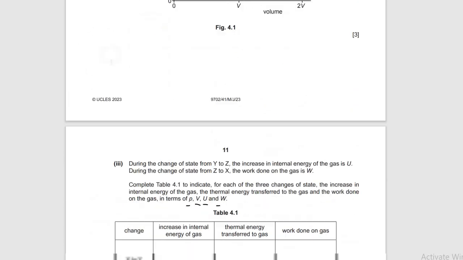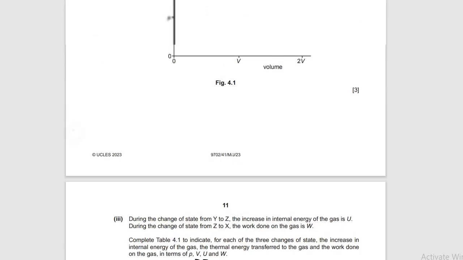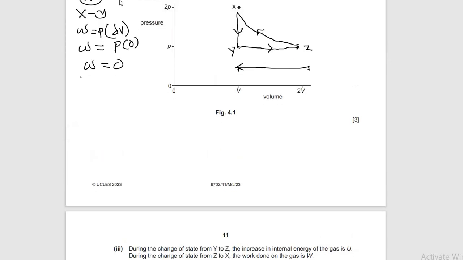So we did it correctly in the previous video. Here it is 0. Since I'm still under X to Y, the first law of thermodynamics is U equals Q plus W. At that point, work done is 0, so U and Q are the same.